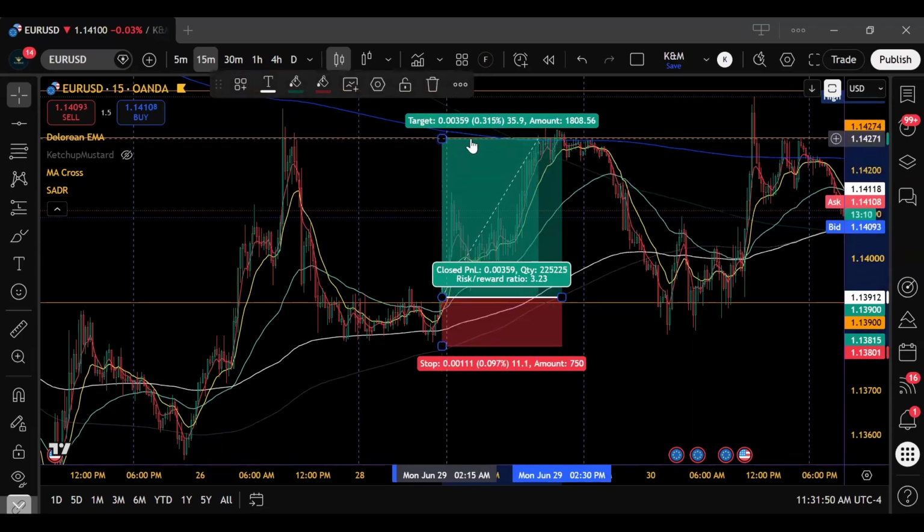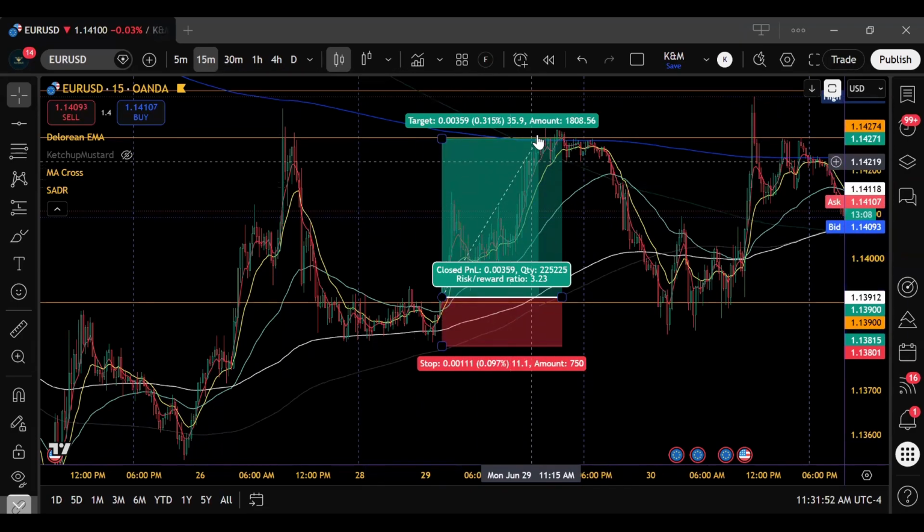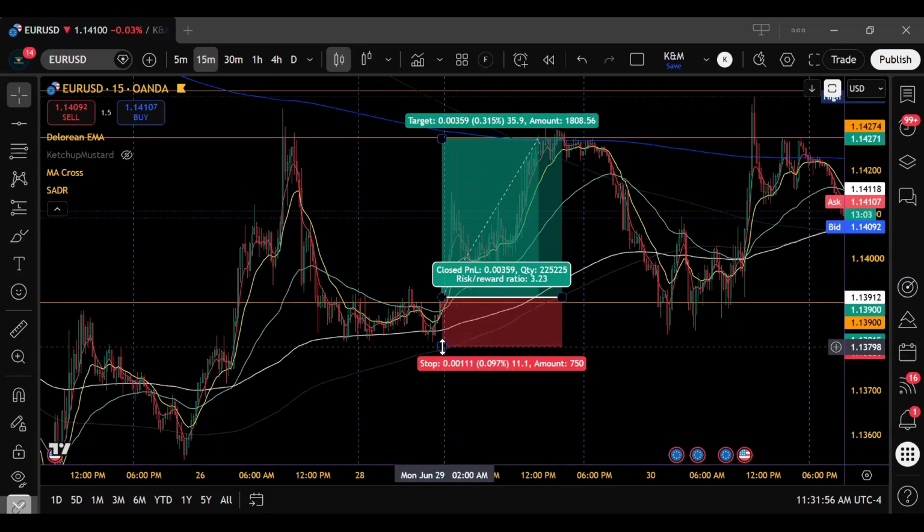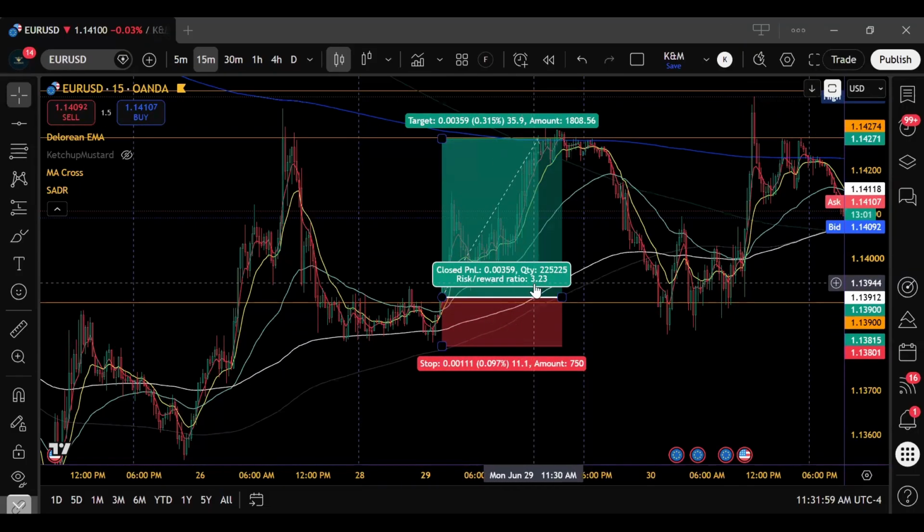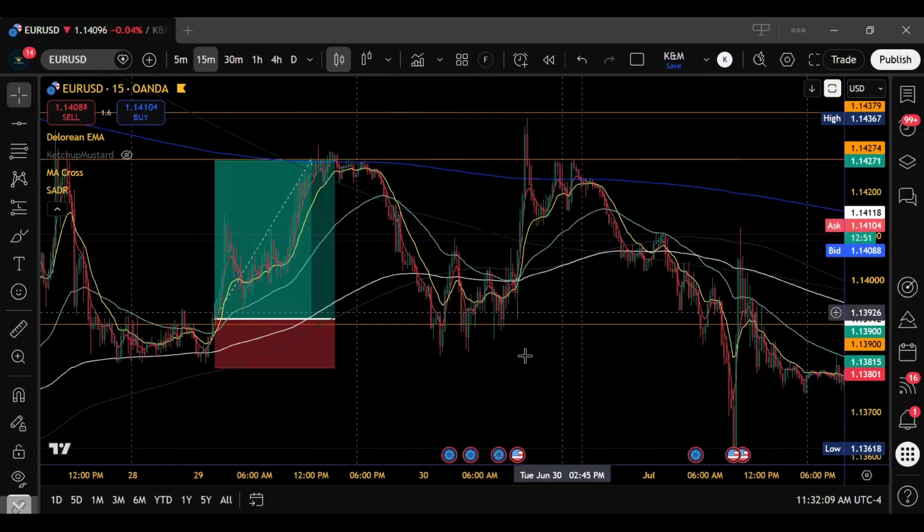Bam, right there. Right with the blueberry. It hit that right up in here. That's 35 pips from risking 11 pips. I got a 3.2 risk to reward ratio. That means if I would have risked $10, I'd have made at least 30. I'm getting 3 times the profit.